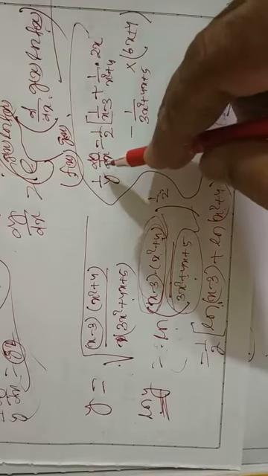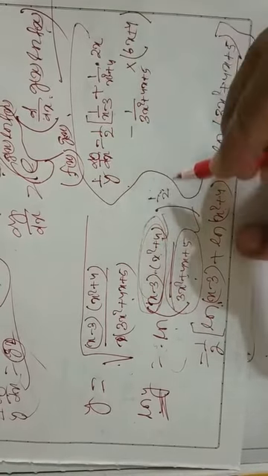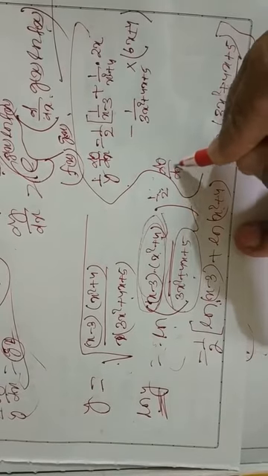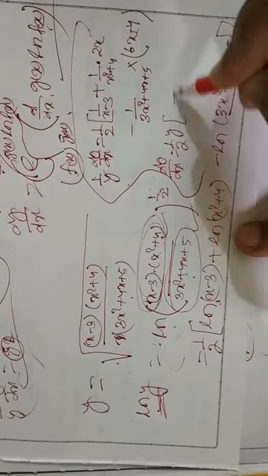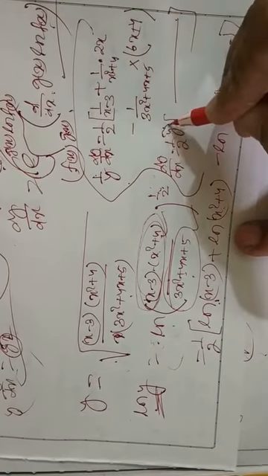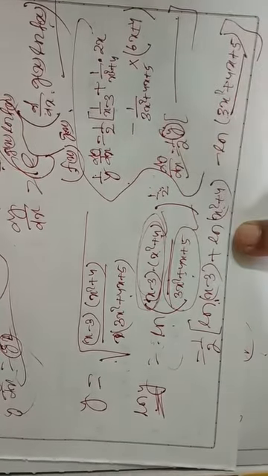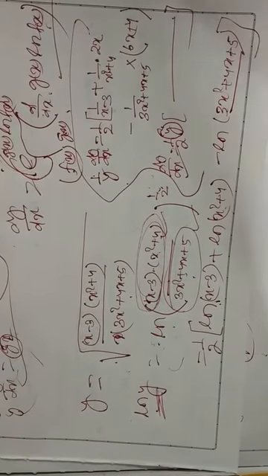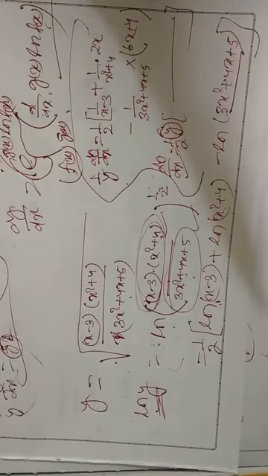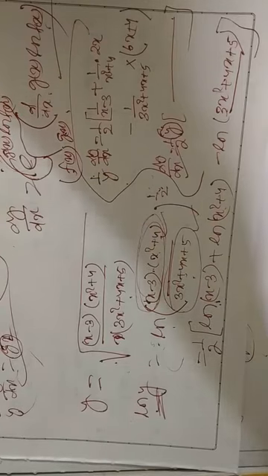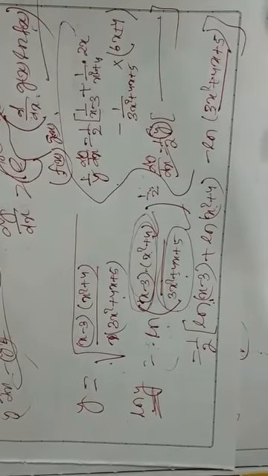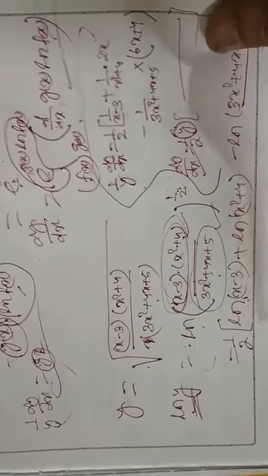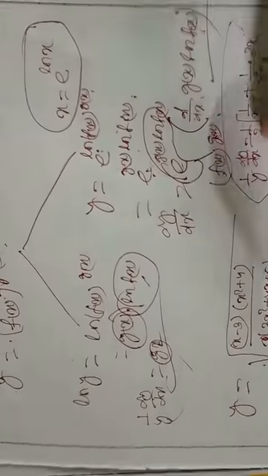Okay, this is 1 by y dy by dx. Then what is dy by dx? It is 1 by 2 y into all these things. Now write the value of y, you shall get dy by dx. Getting the idea? Okay, I think you understood. Very good. Let us go to our next example.